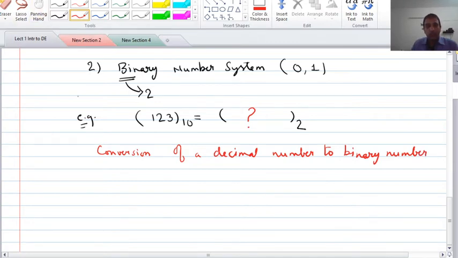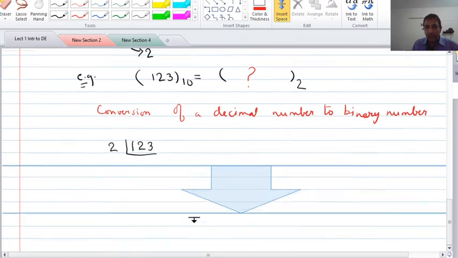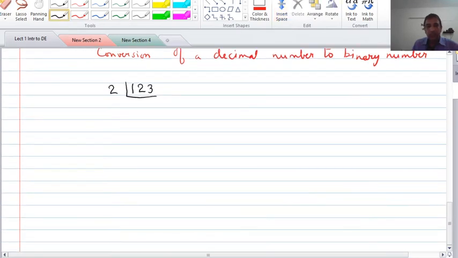So we have to start like this: you have to continuously divide this 123 by 2. In this way, start dividing and writing the remainder at this position. You have to write the remainder here.